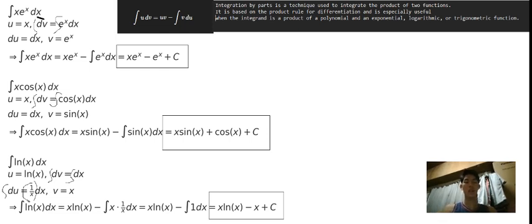First, let's start by finding u, which is x, and next we find du, which is dx, and third we find dv, which is equal to e to the power of x dx.